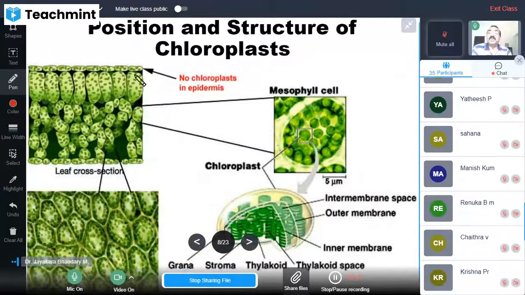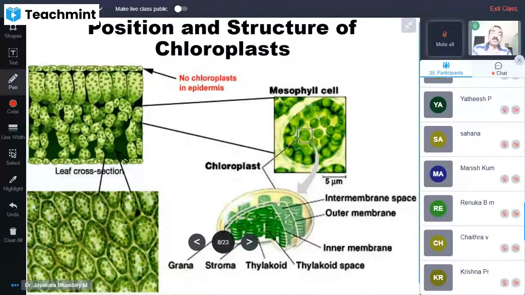And please recollect your anatomical knowledge of TS of leaf. Mesophyll consists of palisade parenchyma cells and spongy parenchyma cells. These are also called chlorenchyma cells because they are parenchyma cells filled with chloroplast.